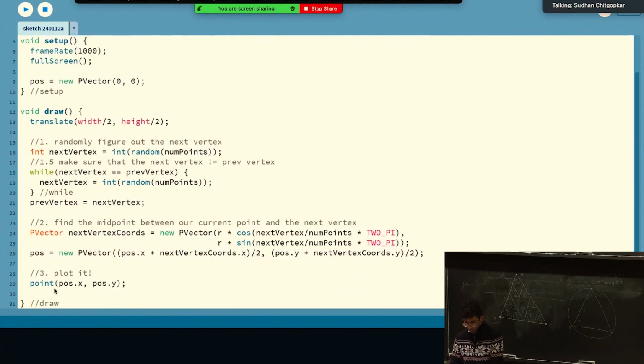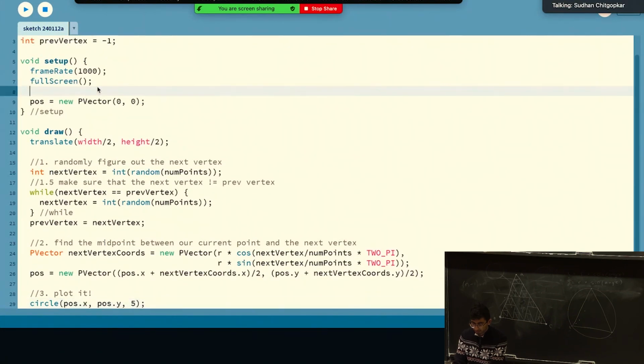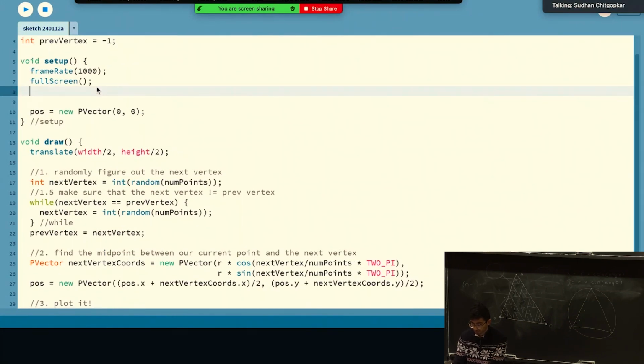I'm gonna go ahead and instead of using a point here, use a circle with radius, or I guess diameter. Keep messing that up. Circle with a diameter 5. And I'll also in our setup method use something called noStroke.